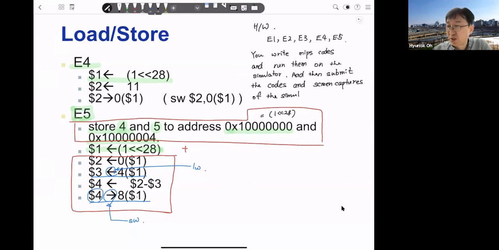In your simulator, you can see that the memory is changing, right? Memory is updated and also registers are updated. So submit these things in the homework. Due date will be next Monday. Due next Monday.